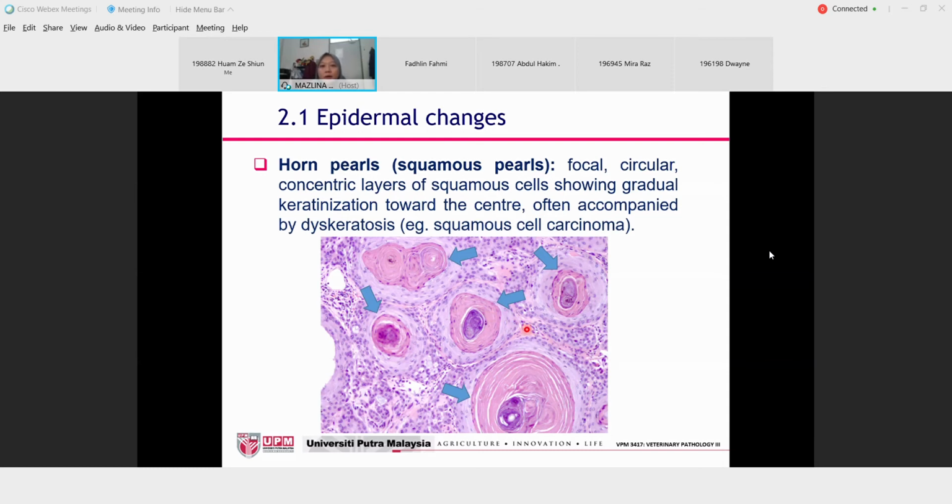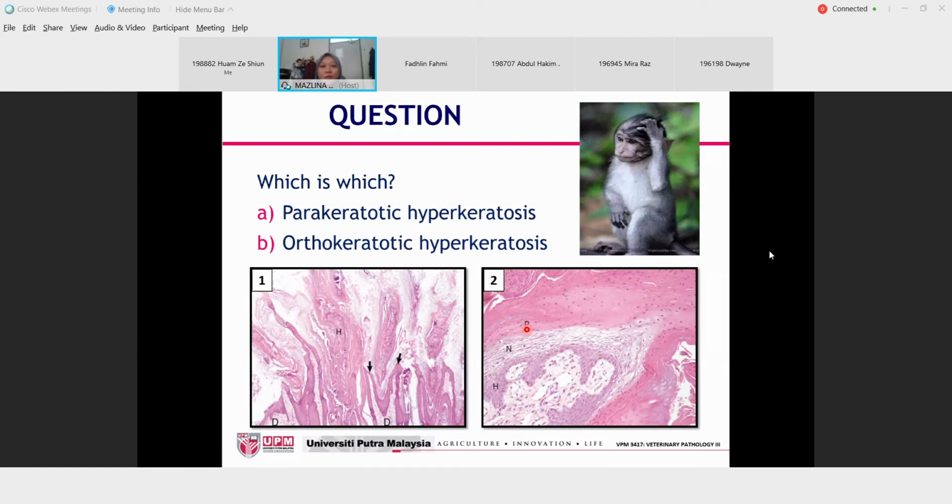Alright. Question time. Which is which? Which image shows parakeratotic hyperkeratosis and which image shows orthokeratotic hyperkeratosis? Anyone would like to try? Doctor, it's orthokeratotic, the first one, and the second one parakeratotic. Yes, very good. How can you tell?